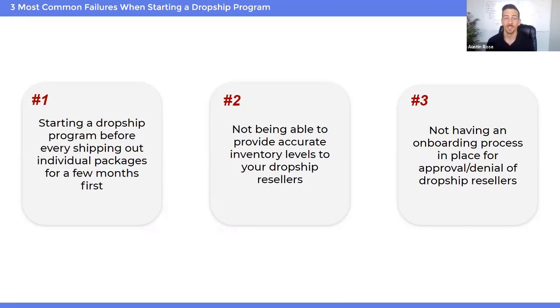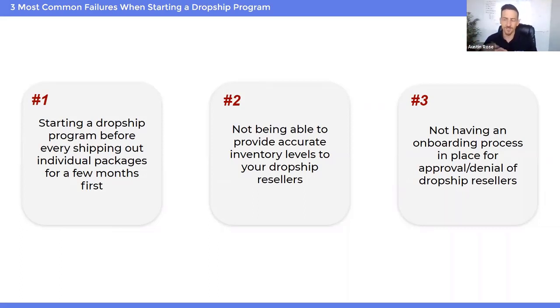So getting the feet wet, whatever you want to call it, by first sending out individual orders for, let's say, a month, 2 months, 3 months is a great approach. People don't do that. They just jump in, turn it on, and next thing you know, they don't know what they're doing. So a very important thing and something that we see.